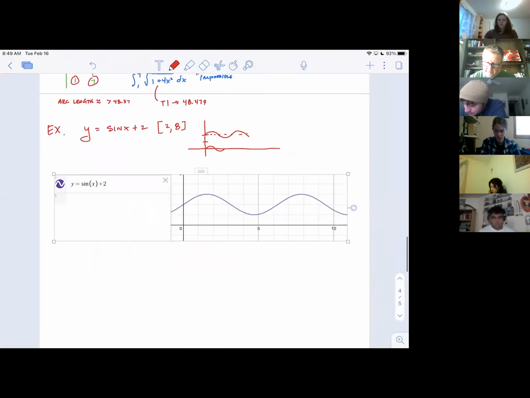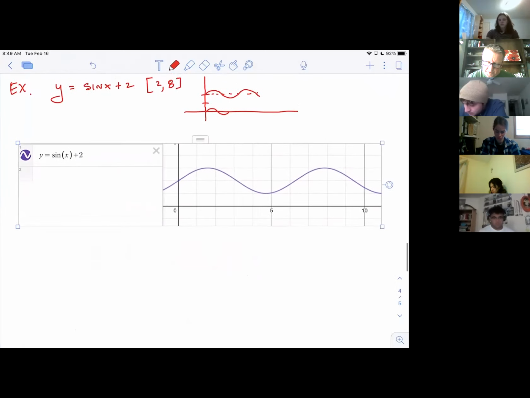Just make sure you're seeing this and seeing it as simple. So I've got a good drawing of it now. We're going from here to there.